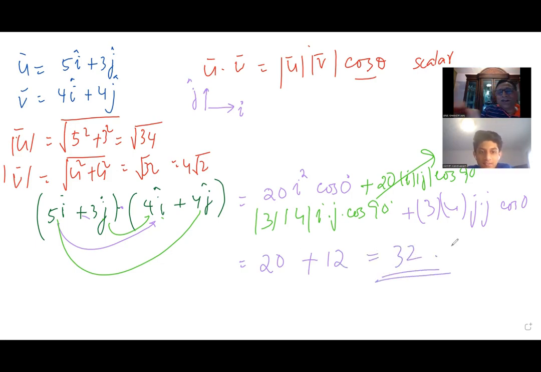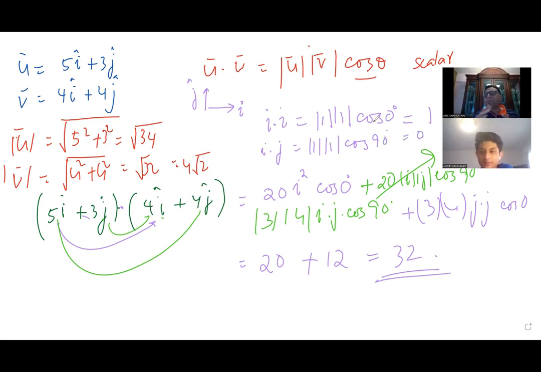Correct. Very simple: i dot i is the magnitude of 1 times the magnitude of 1 times cos of the angle between them, which is 0 degrees, which is 1. So this gives you 1. And i dot j will give you the magnitude of 1 and cos of 90 degrees, which is 0.